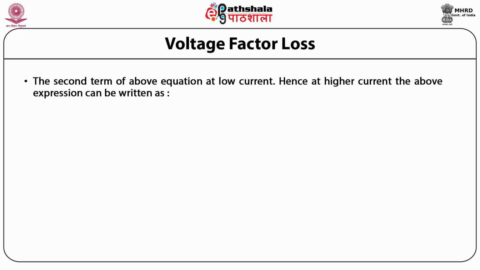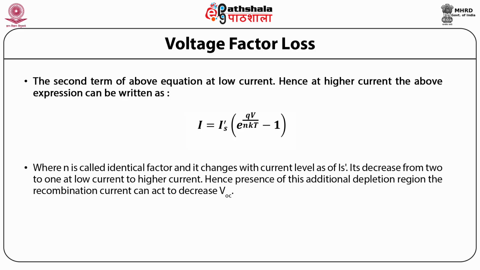The second term of the above equation dominates at low current, hence at higher current, the above expression can be written as, neglecting the second term, I equals Is prime multiplied by (exponential qV by nkT minus 1), where n is called the ideality factor and it changes with the current level as well as Is prime.